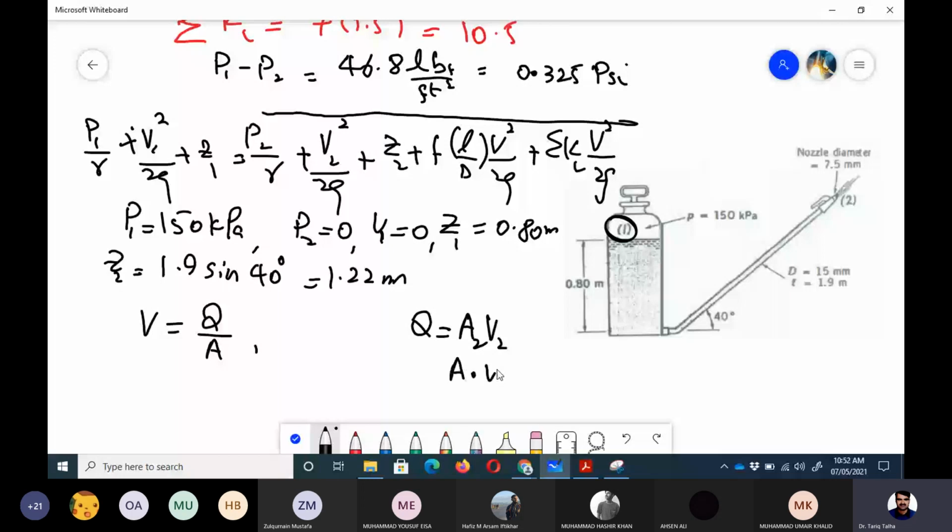Now what is this area? That is this pipe. And what is this area? That is the exit of this, right? So from here we can calculate Q.